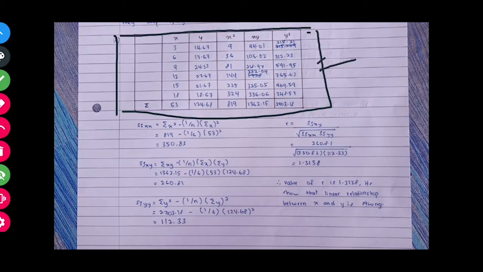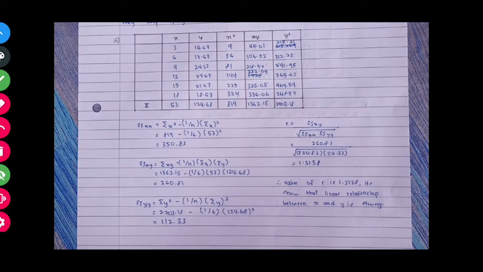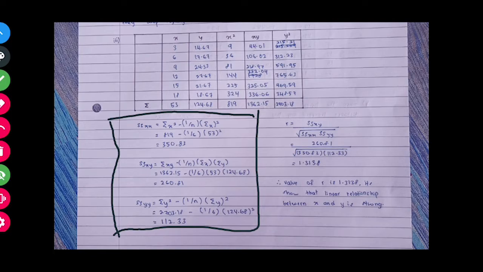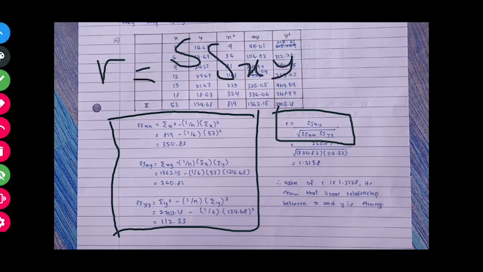Okay, this is the important first step before going further. Then let's go to this formula to find r. We must have SSxy divided by SSxx and SSyy.